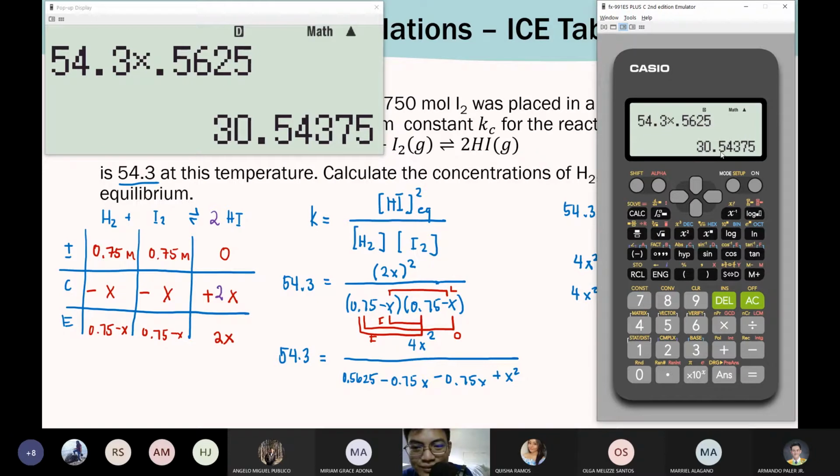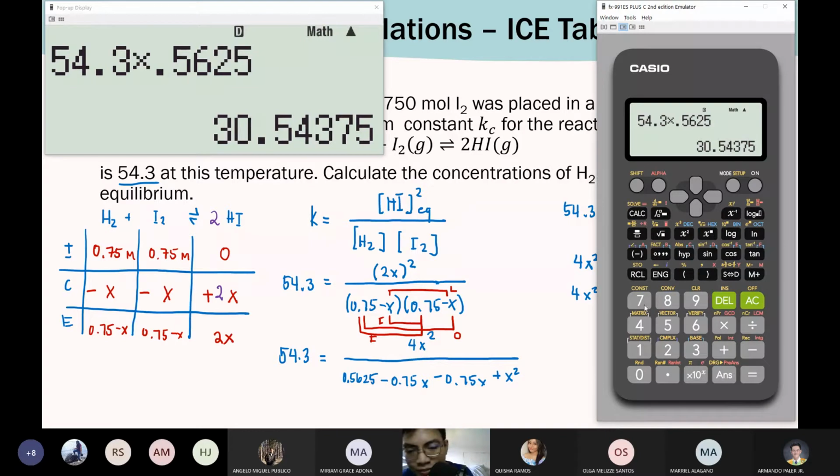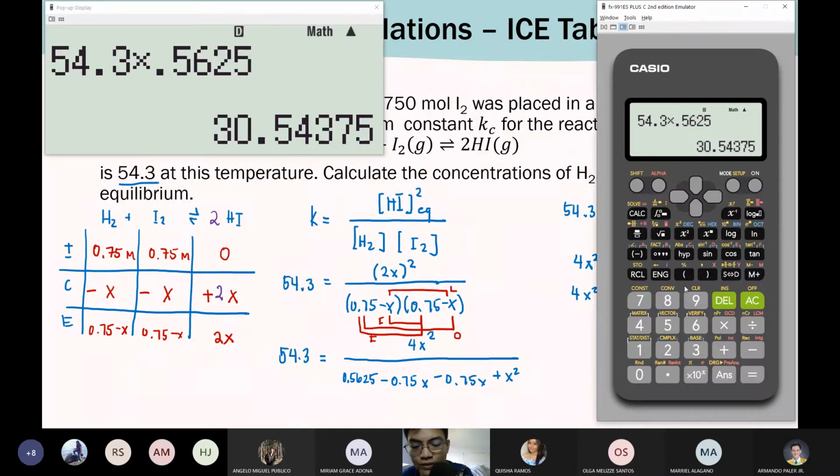So, 30.54375. Okay? And then, 54.3 times negative 1.5x.